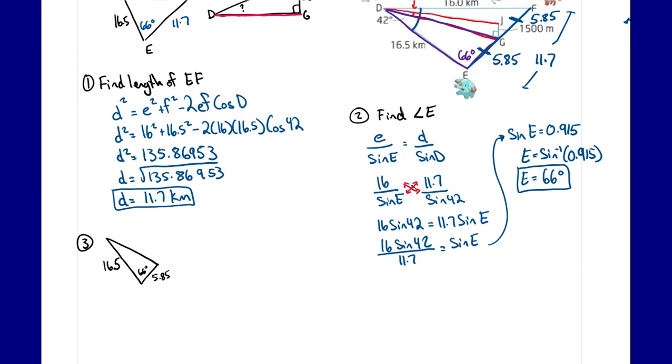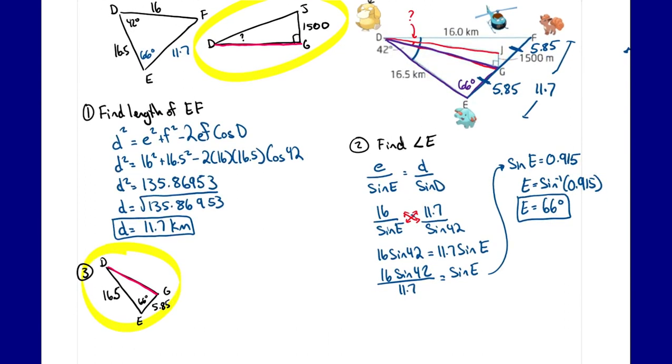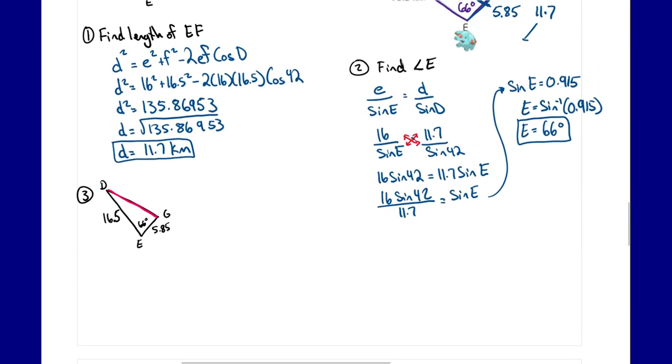I don't want to assume that they form a 90-degree angle, and I don't know how it's going to bisect that angle of 42 at the top. So this is all I know for sure. But that is enough information, because that side DG is shared with the triangle that we're looking for. So I have a triangle that has a common side with the triangle I'm looking for, and that's going to be the next step.